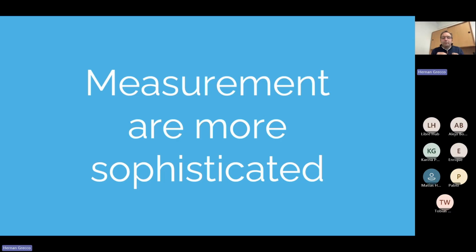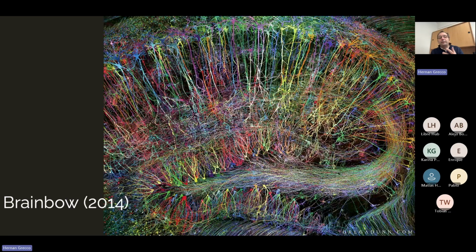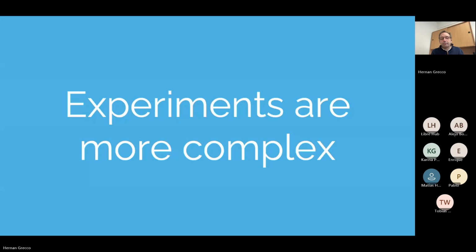Consider, for example, the progression from very simple experimental setups to the integrated technologies that we have today. In 1899, Ramón y Cajal revealed the hidden structure of the brain by simple staining techniques. A hundred years into the future, today we can color and trace individual neurons, mapping the brain in stunning detail.